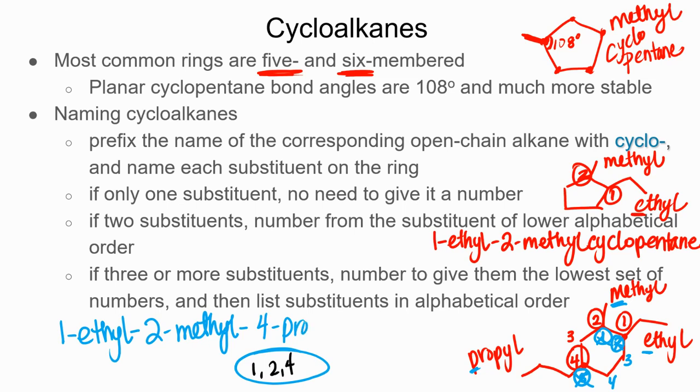But note, these are ending up alphabetical by chance on this particular one. The numbers didn't necessarily have to come in order 1, 2, and 4. What we have to do is alphabetize, and what we have to do is pick our lowest possible set of total numbers.